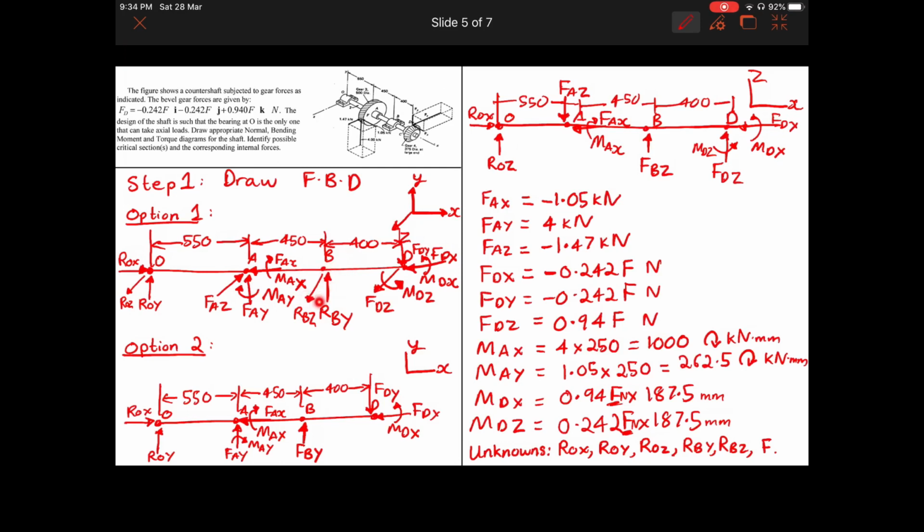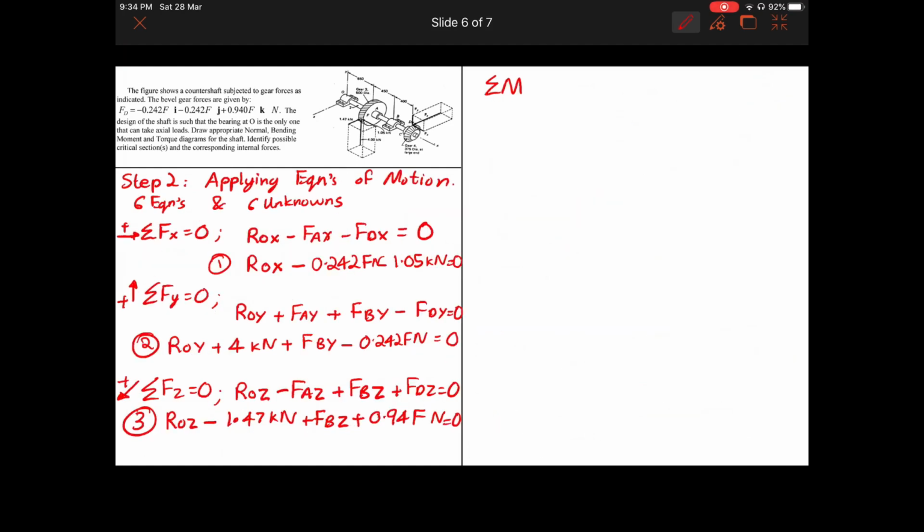Well, at RB, we have only two unknowns. So it's better to cancel out more unknowns by taking moment at that location. So moment about O, counterclockwise positive.